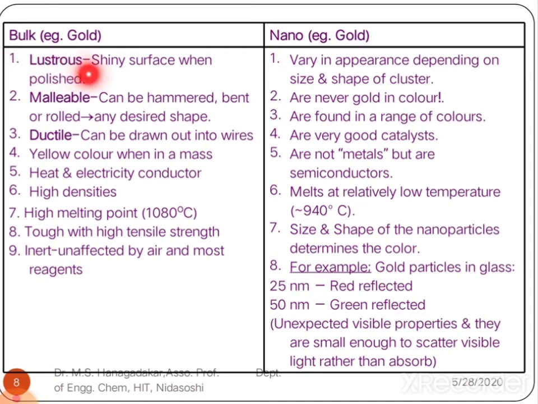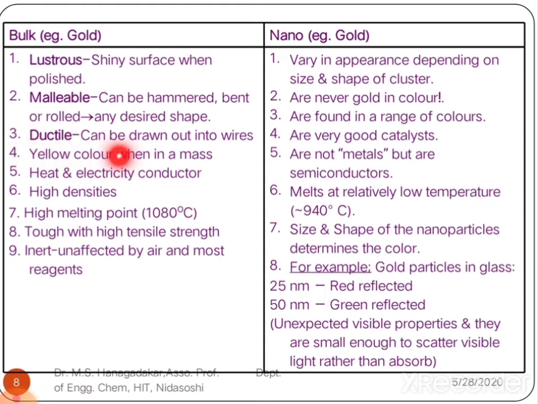First property in the bulk material, lustrous. Gold shows a shiny surface when it is polished. Second point, it is malleable, can be hammered, bent or rolled to make it any desired shape. That is what the goldsmith can do.